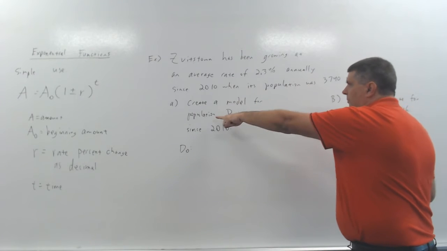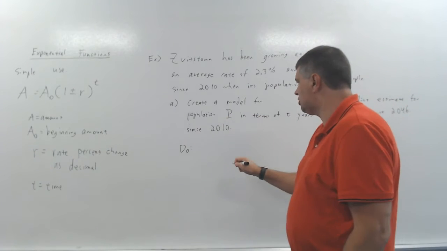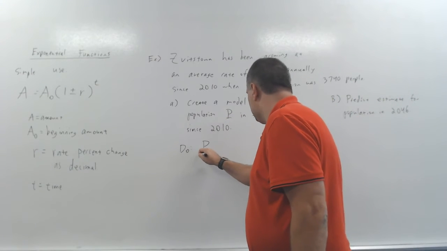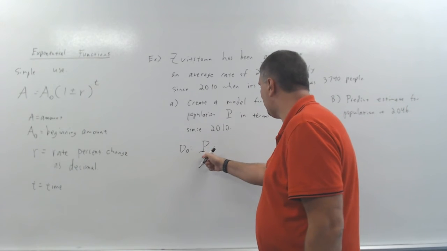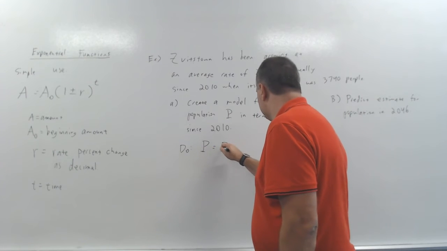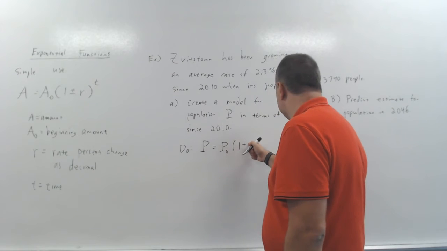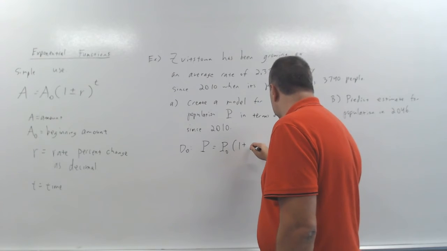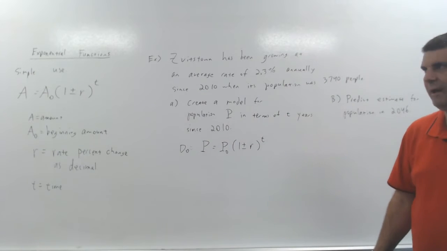A, create a model for population P in terms of T years since 2010. So, P will equal P sub 0 times 1 plus or minus R to the tth power.